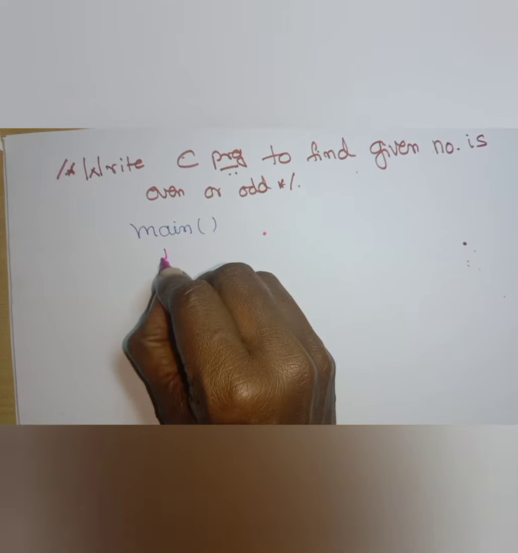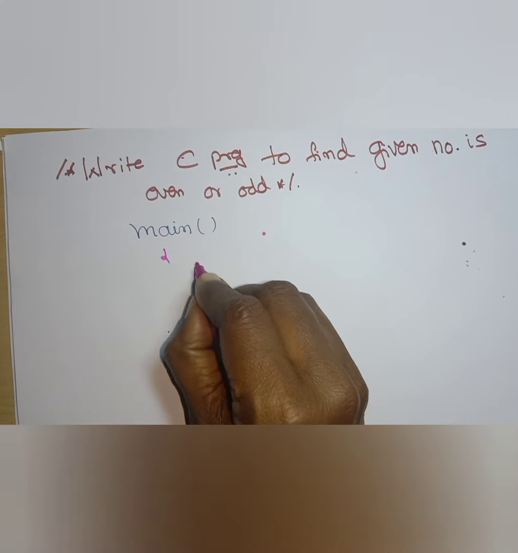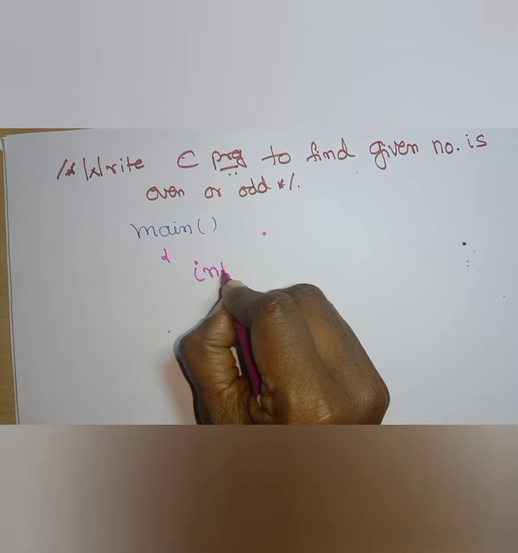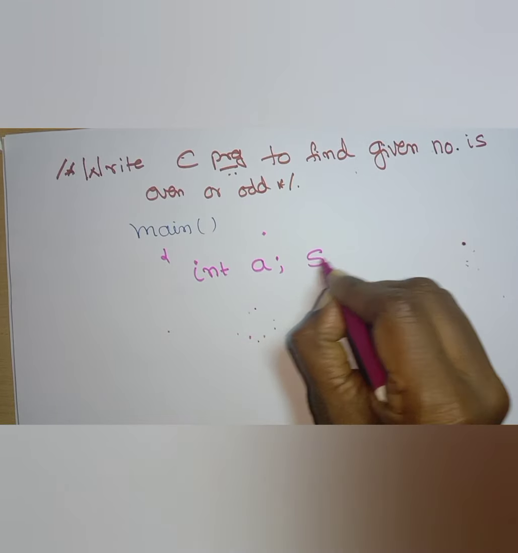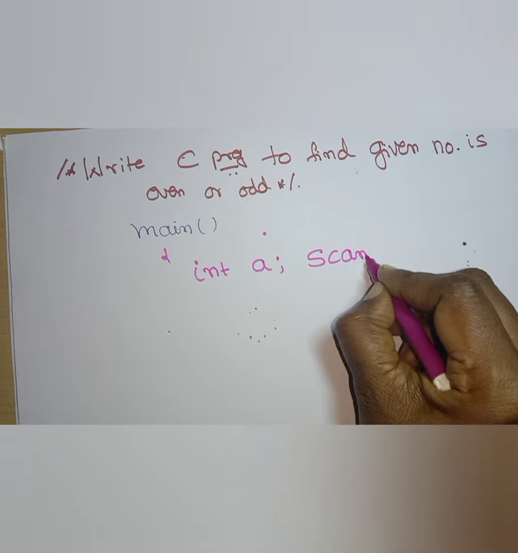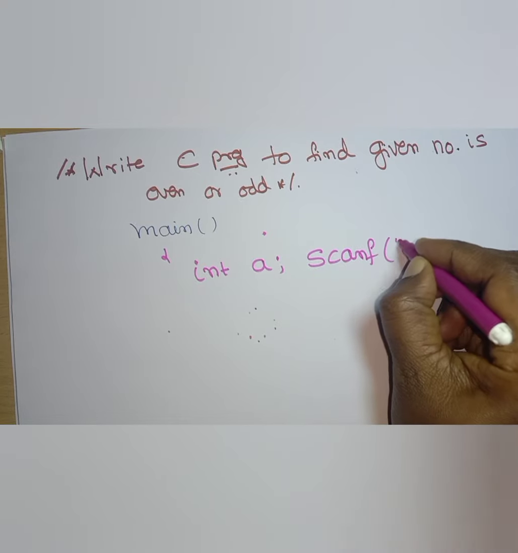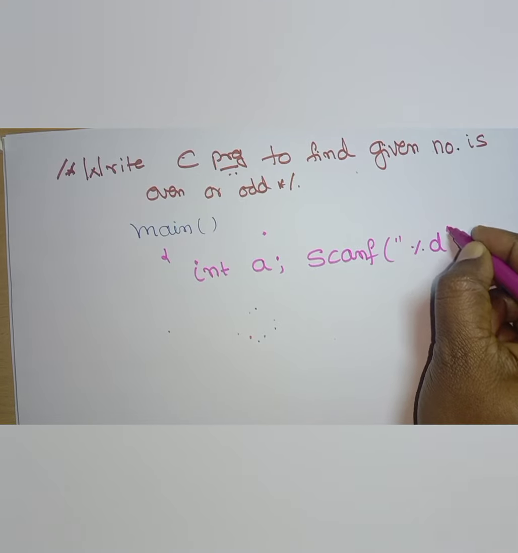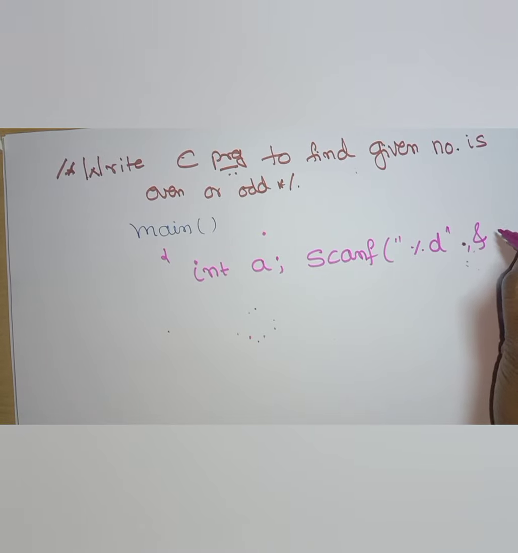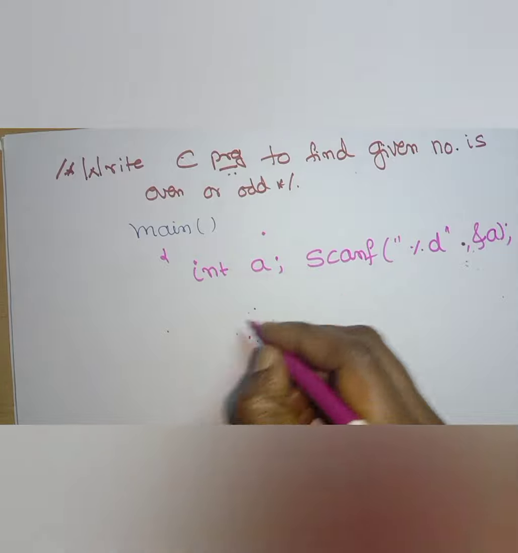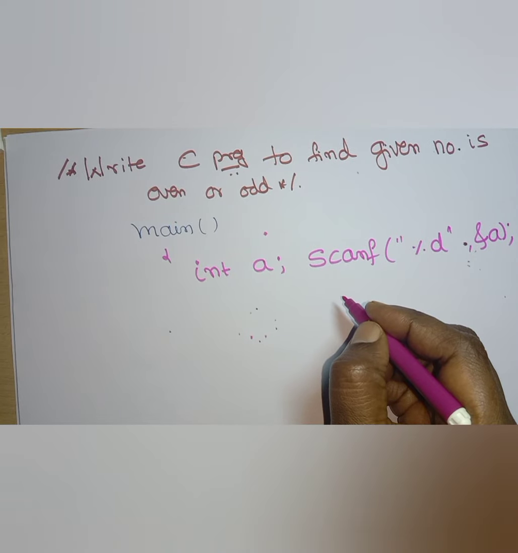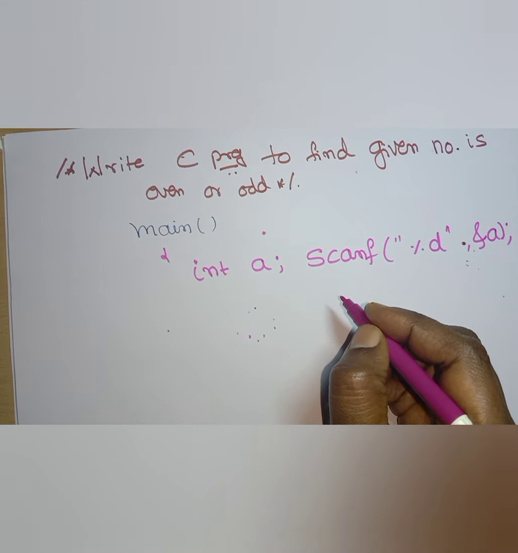For reading, I should first declare the number. I am going to read an integer, I will take a. Afterwards, I read that number: scanf %d, ampersand a. After reading, I have to check whether the given number is even or odd.